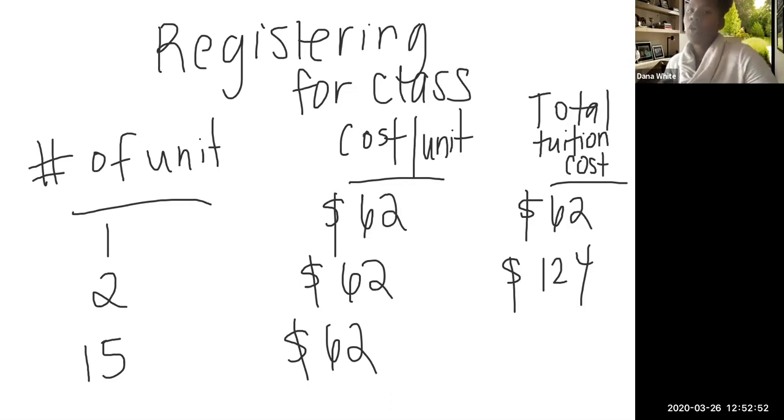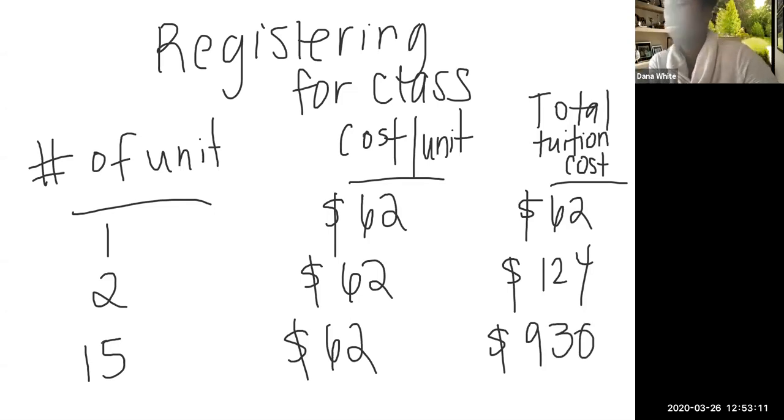Now, as a result, if I decide to take 15 units at $62 per unit, the total tuition cost that I have to pay at maybe Norco College or whatever other school you can think of, my total tuition for taking 15 units will result in $930 in tuition.